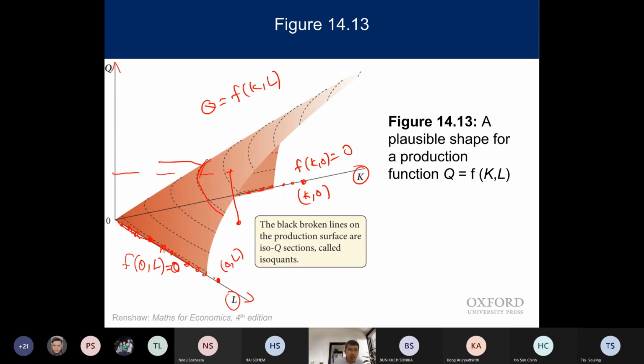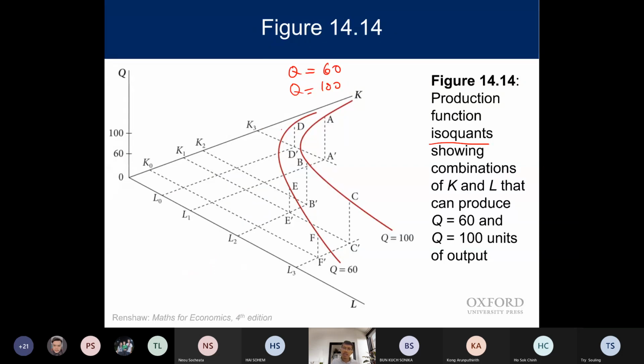So this should be a point corresponding to a certain value of, let's say, 60, right? And this should be all the points corresponding to, let's say, 80, right? Because they have the same level of output. So there should be a number of pairs of K and L that lead to the same output level, and they just form, you know, a curve which shows the relationship between K and L that lead to the same output.